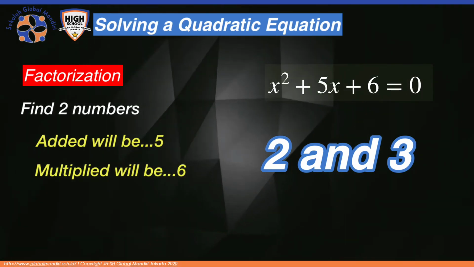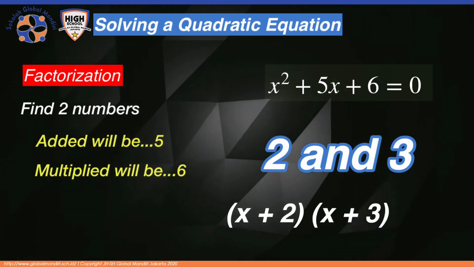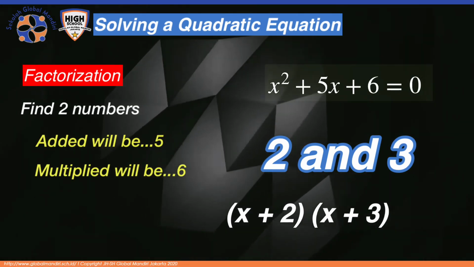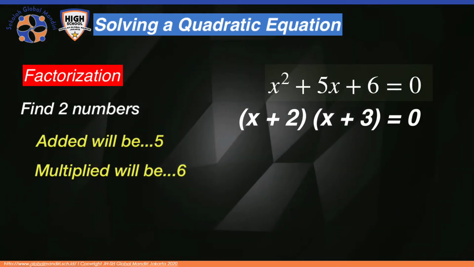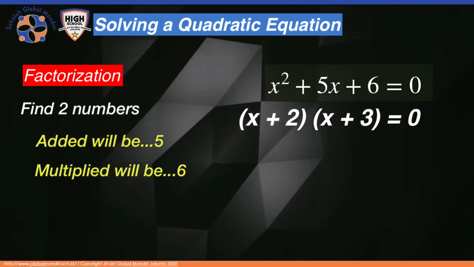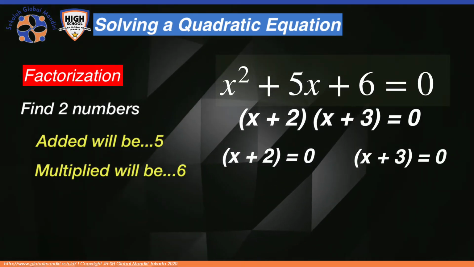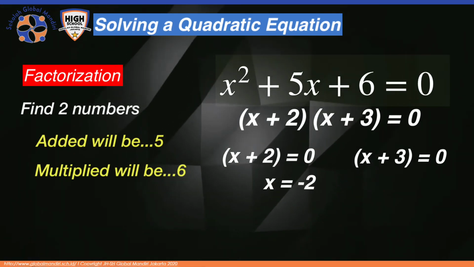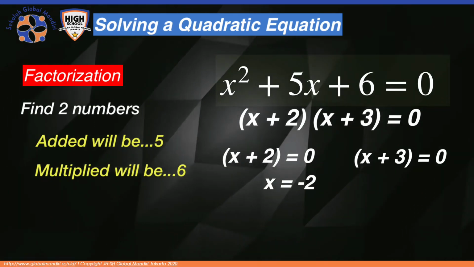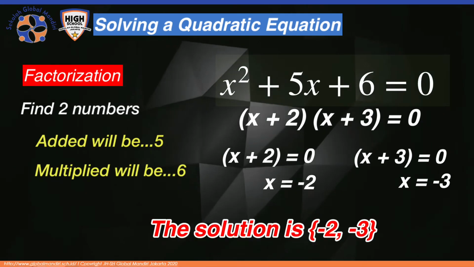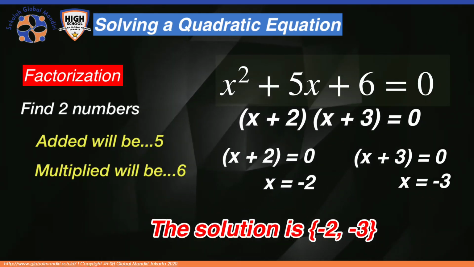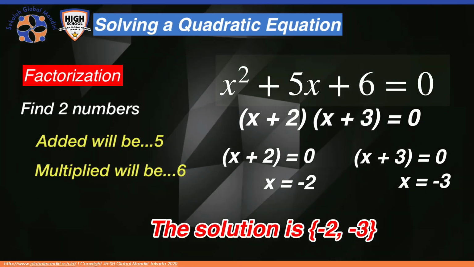And after this, we write x plus 2 times x plus 3. Now, the original equation will transform into this one. Now, we separate them one by one. Using basic rules of equation, the x will be minus 2 and the x will be minus 3. So, the solution of this equation is minus 2 and minus 3.